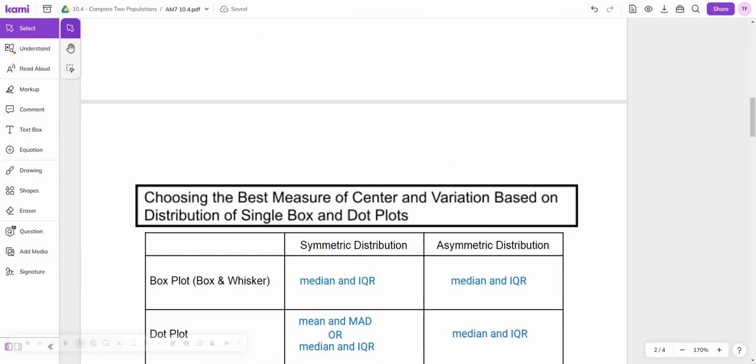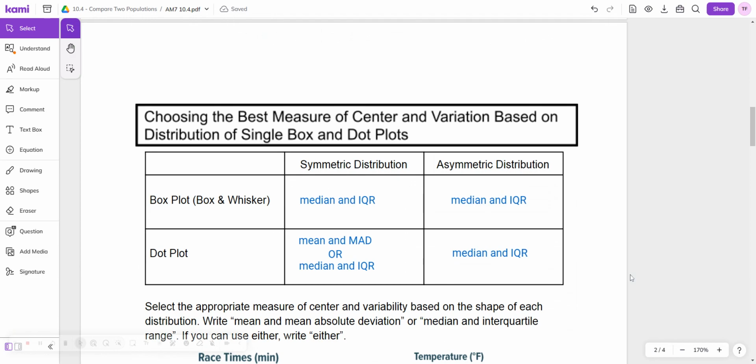All right, so here we go. Choosing the best measure of center and variation based on the distribution of single box plots. Now let me talk a little bit. As I mentioned, for measures of center, we use the mean, median, and the mode. Very rarely do we use the mode. We're really only going to be talking about whether we need to use the mean or the median. And we already talked a little bit about how distribution would affect the mean and the median. On the variation, on the other hand, it depends on what we use for our center.